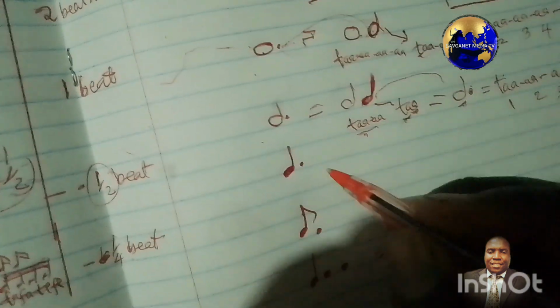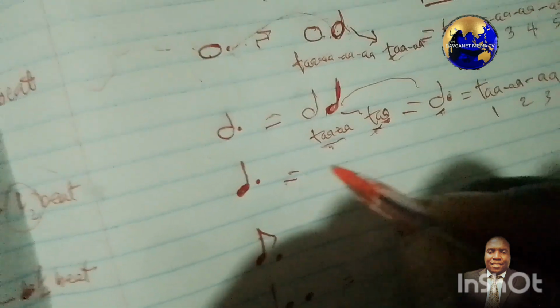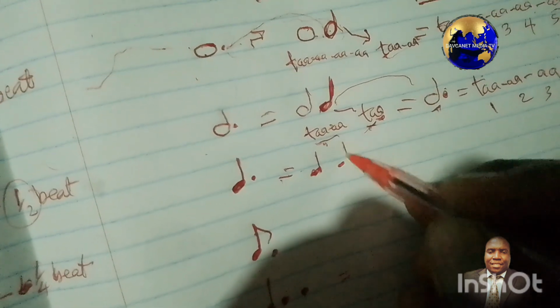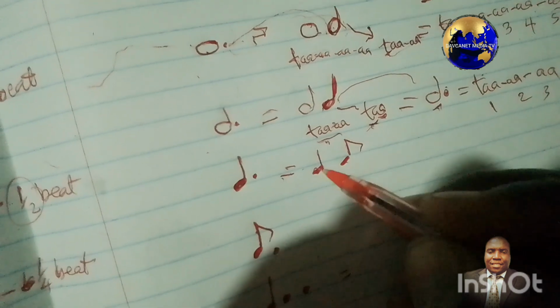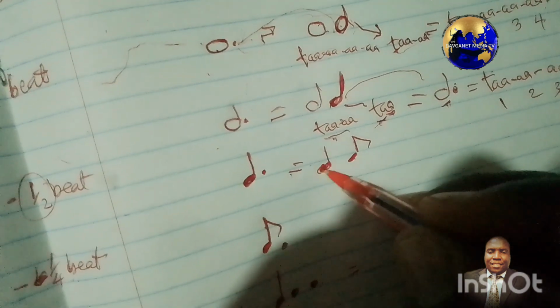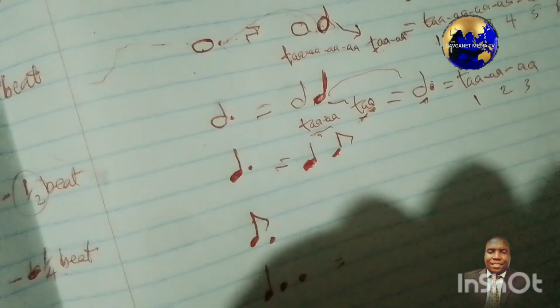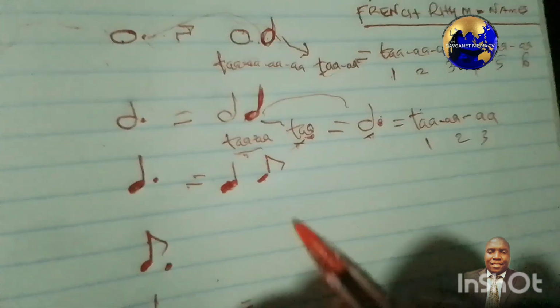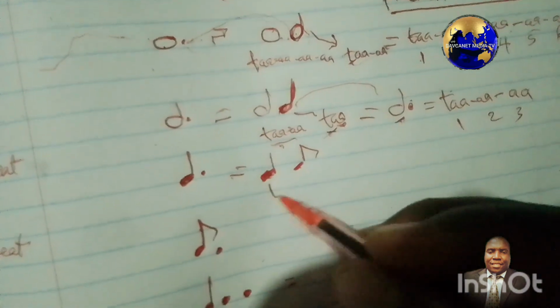What about a dotted crochet? A dotted crochet is written as a crochet and its quaver. A quaver is half of a crochet, and the head of a quaver note is shaded. That's what I want you to note.